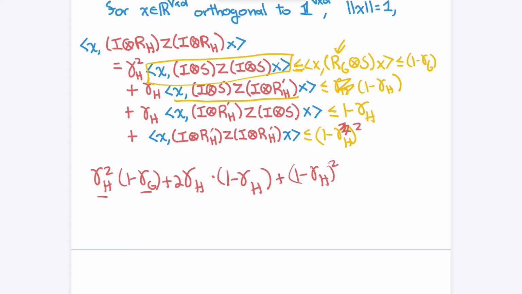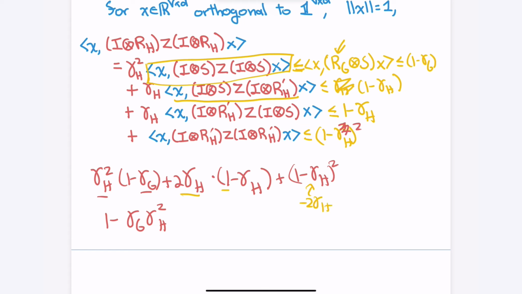Okay, so if we add everything up, this is what we wanted, right? Okay, so this 2 gamma H times 1 will cancel out with a negative 2 gamma H here.